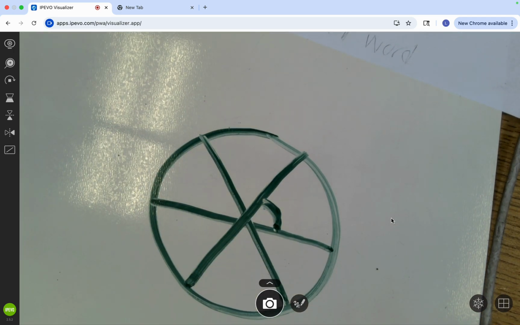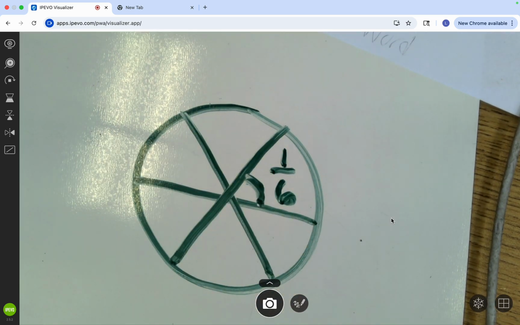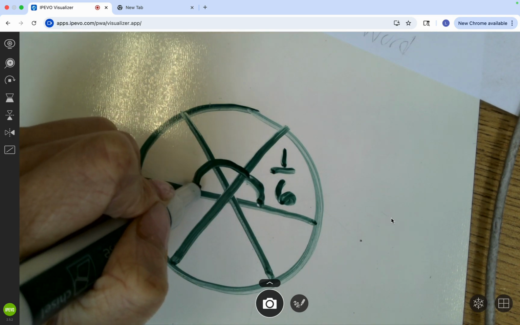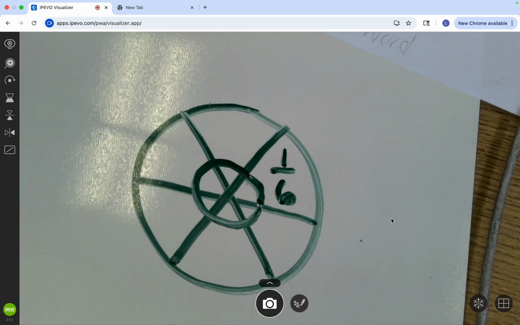Now we have to think. We know it's 1/6 of what, though? How many degrees are in a full circle? If you make a full rotation, right? We stood up in class. When we spin a quarter, it's 90 degrees.